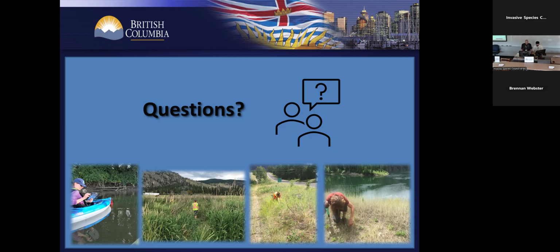So our first speaker is Dr. Sandra Gillespie, who's an associate professor in the biology department at the University of Fraser Valley. She completed her PhD at the University of Massachusetts Amherst in organismic and evolutionary biology and has held postdoc positions at both University of California, Davis and Simon Fraser University.